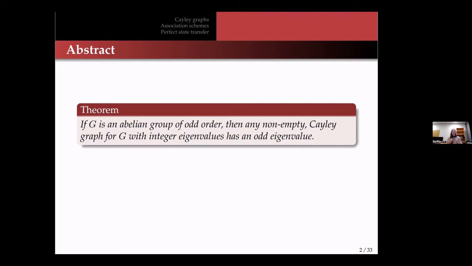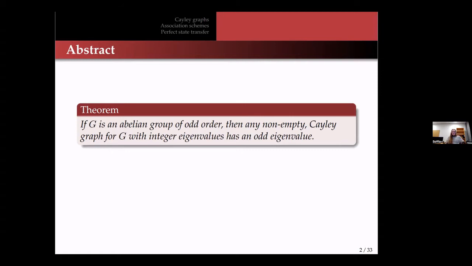So the theorem says that if G is an abelian group of odd order, then any non-empty Cayley graph for G that has integer eigenvalues will have an odd eigenvalue. So we're going to prove this using association schemes.